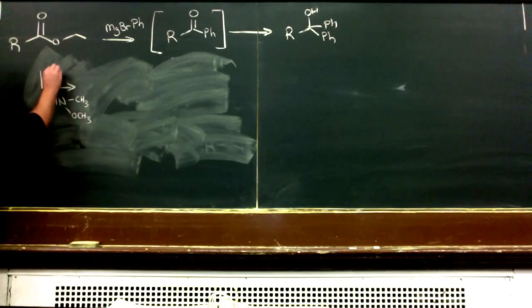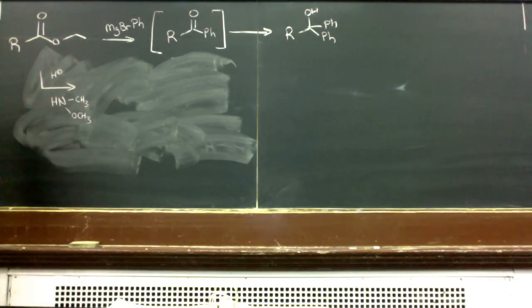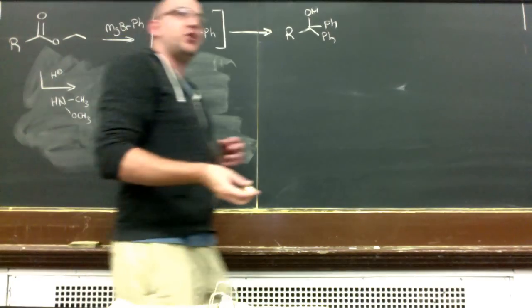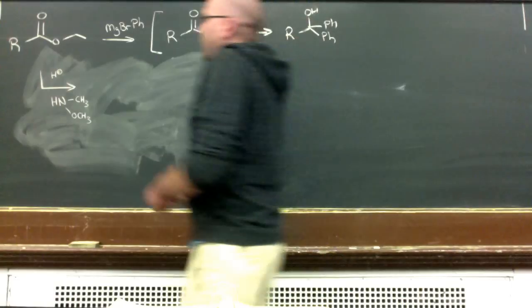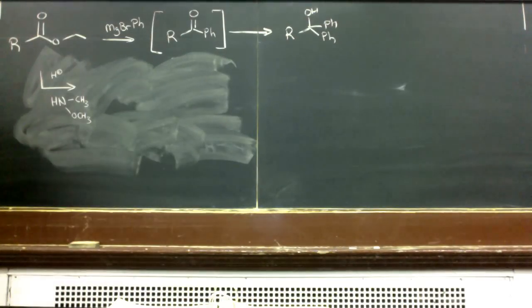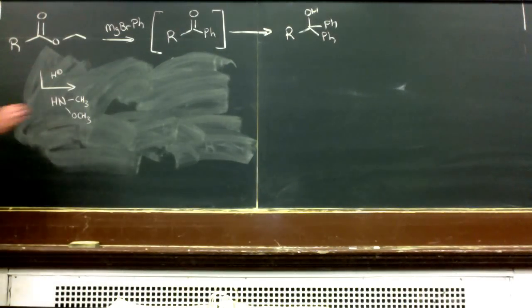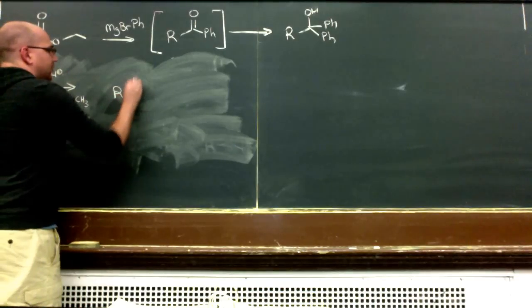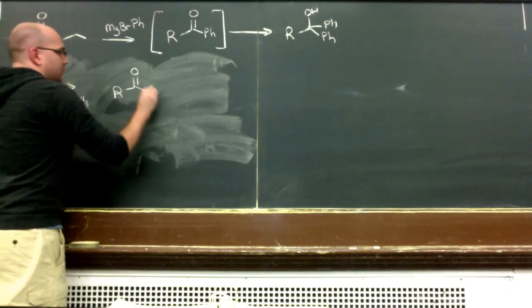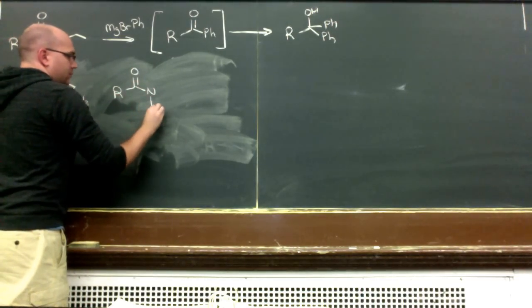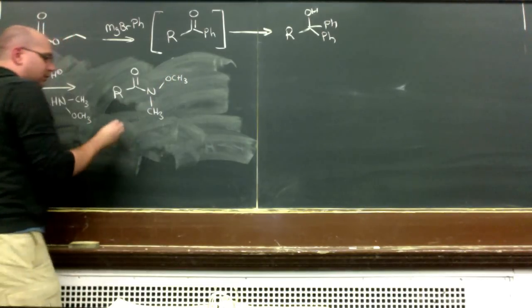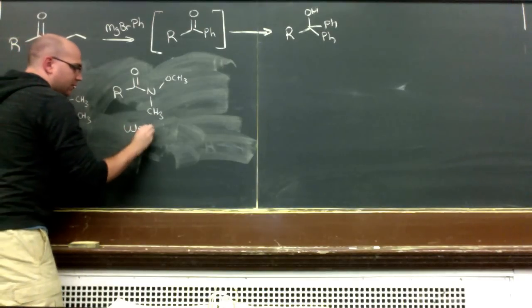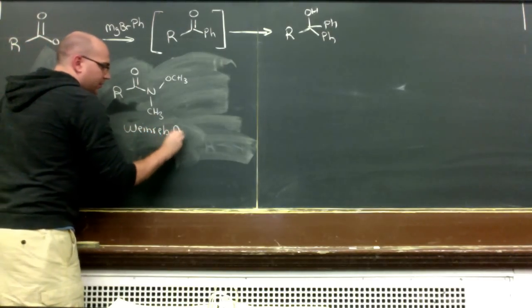But just to keep it in line with what we've seen, we know that we can take esters and turn them into amides by basically using amines and some acid, right? And what would happen here is that we will get this amide, which is at least colloquially known as the Weinreb amide.